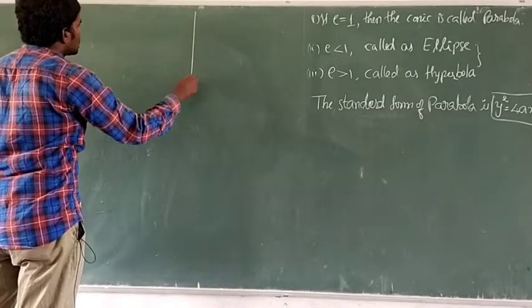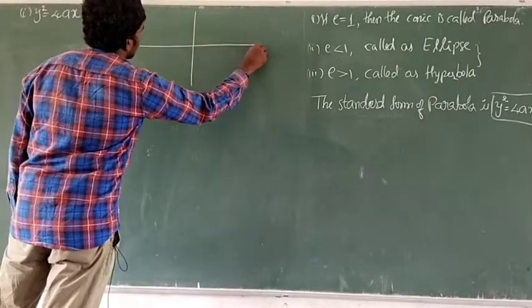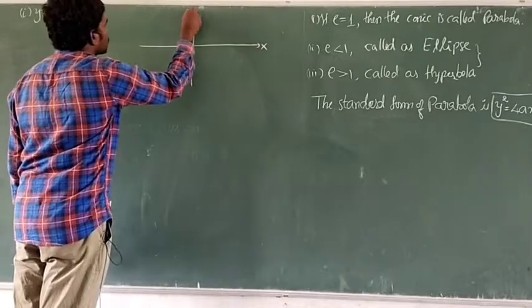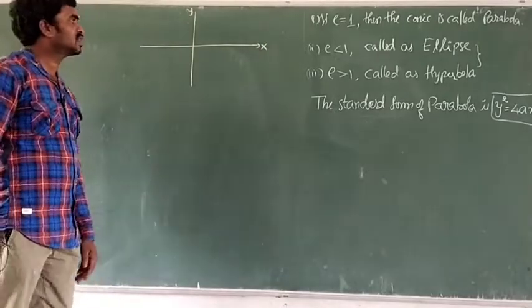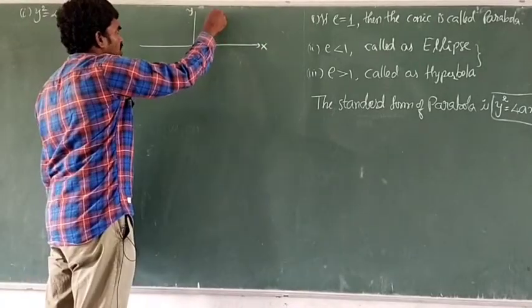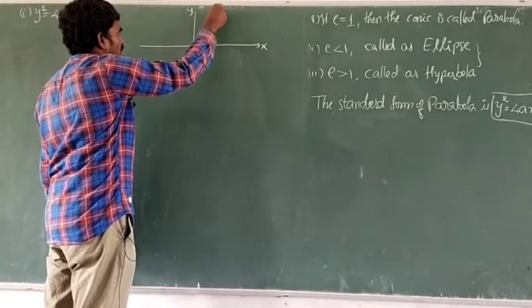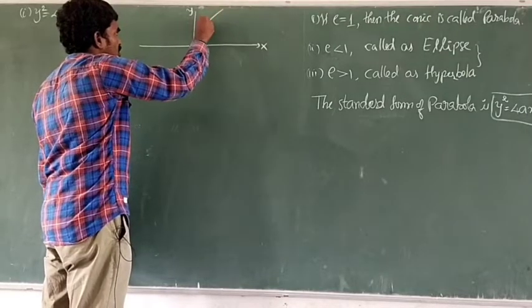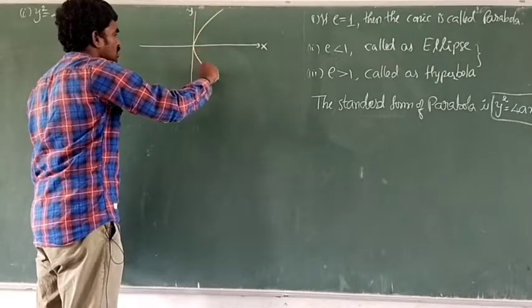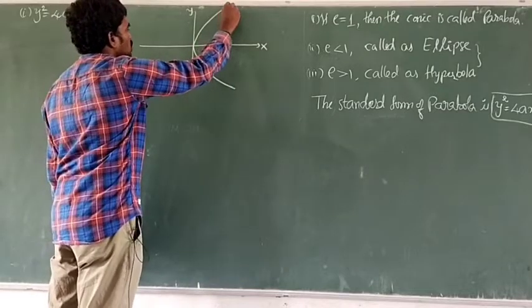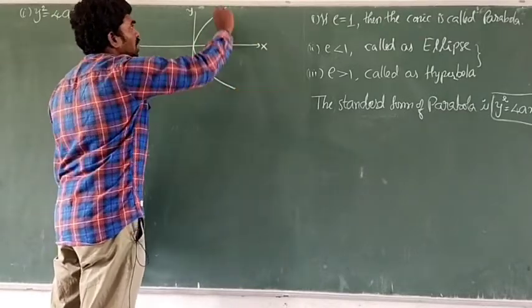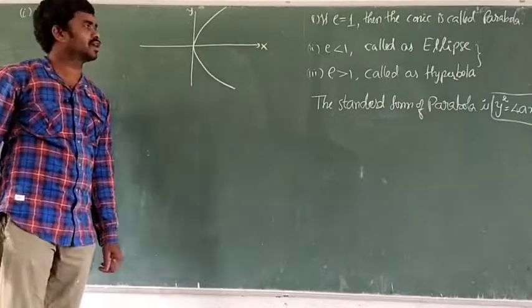It is the y axis and the x axis. So the parabola curve is like this, so this is a parabola. There is no end, it goes on.